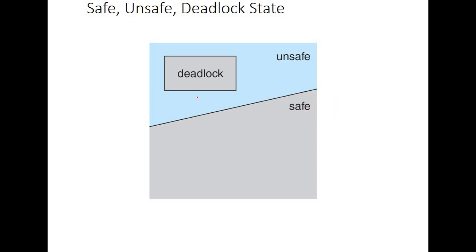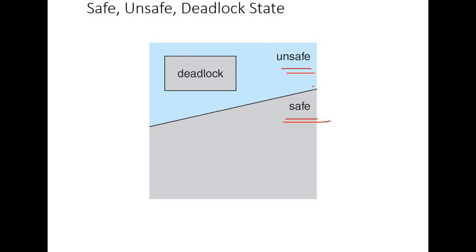So therefore, deadlock avoidance is ensured by verifying the state of the system before allocating the resources to a process. Whatever resources are requested, if after allocation the system is in safe state, these resources are allocated.